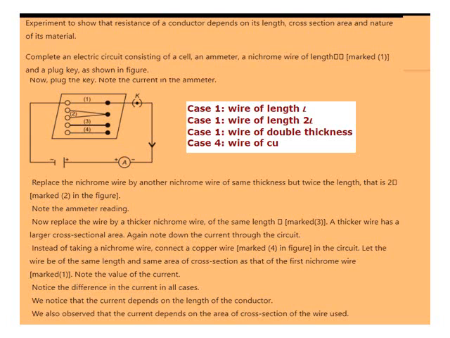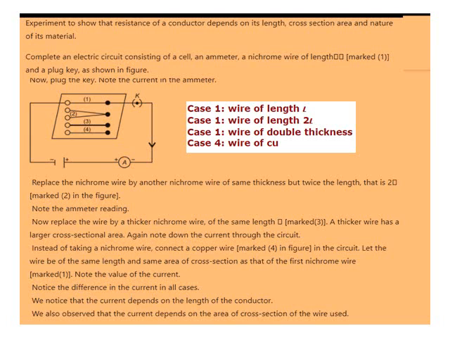The third case is a wire of double thickness, same length with double thickness. Now the fourth case is of a different material, a wire of copper. So we are going to insert the first wire, then the second wire and the third wire, finally the fourth wire, and we will be analyzing the result of this experiment.